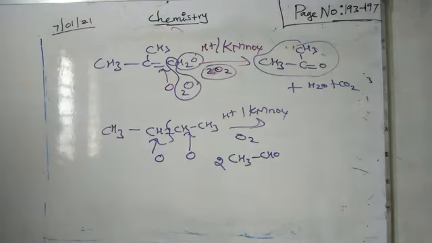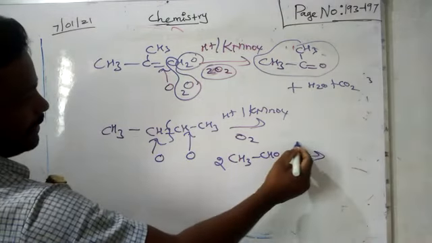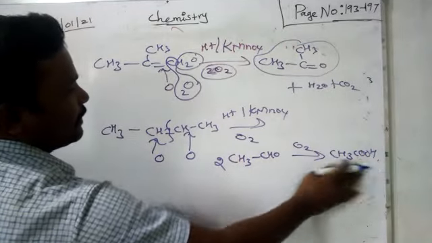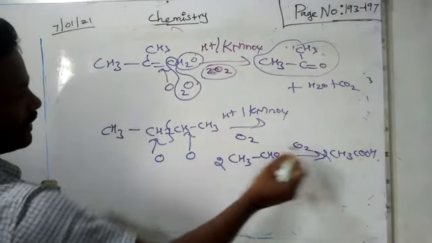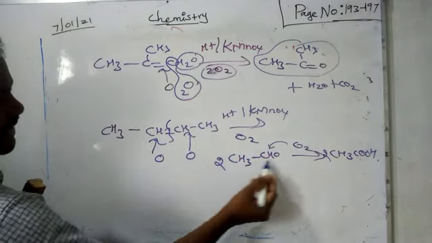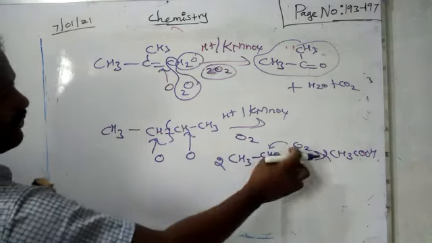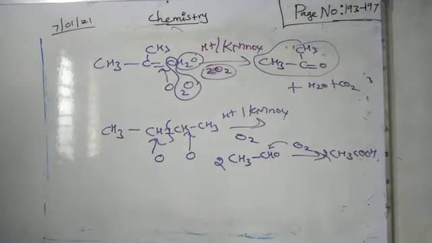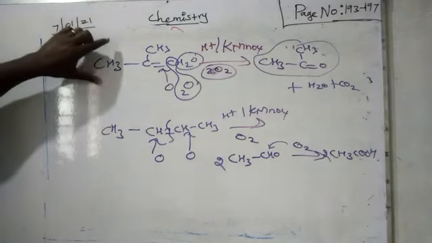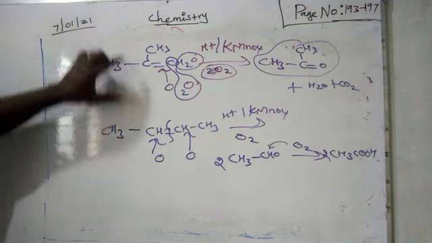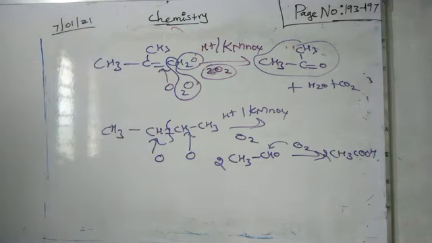First it will form this. Further, if you add another 2 oxygen, it becomes an acid, ethanoic acid. CH3CHO one group, CH3CHO another group, each one adding one oxygen, we will get acetic acid or ethanoic acid. So by using H plus KMnO4, that means acidified KMnO4, we can bring a ketone compound and also a carboxylic acid.